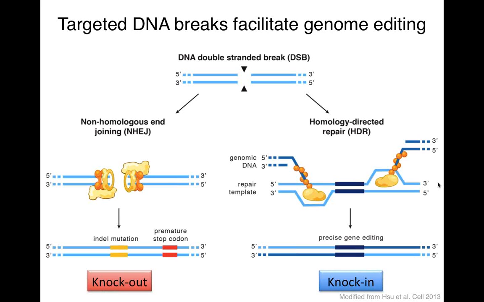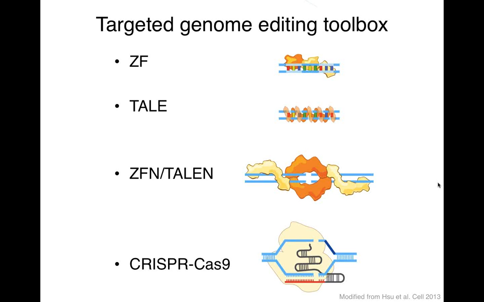So again, through targeted DNA double-strand breaks at targeted locations, we can induce genome editing through non-homologous end joining or homology-directed repair. But as genome editors, we're only as good as our ability to create this DNA double-strand break. So over the years, a wide diversity of technologies have been developed for this purpose. Some of the earlier technologies were zinc fingers and TALENs.